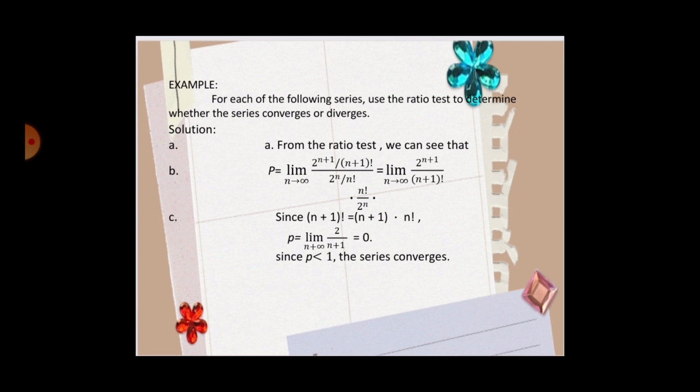Simplifying, p equals the limit as n approaches infinity of 2n over n plus 1, which equals 2. Since p is greater than 1, the series diverges.